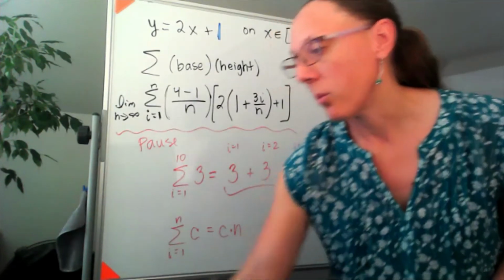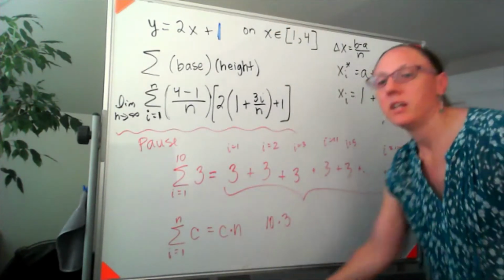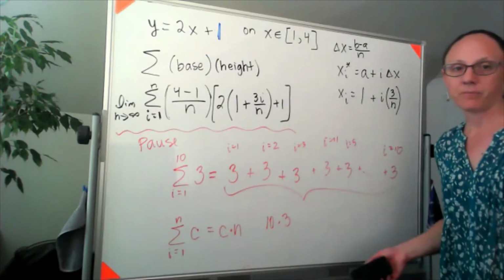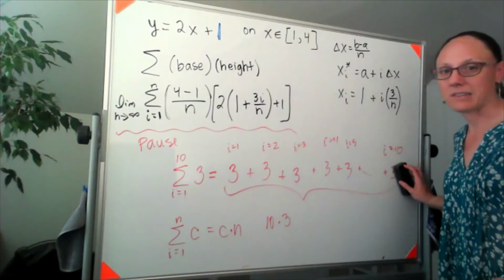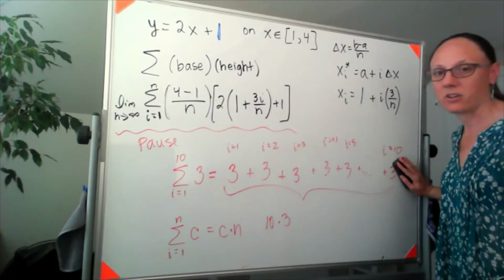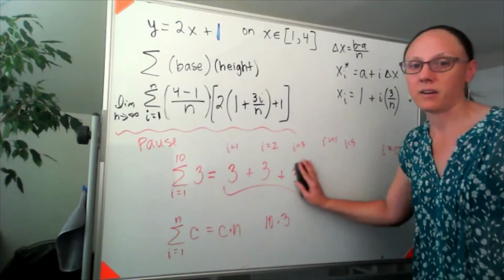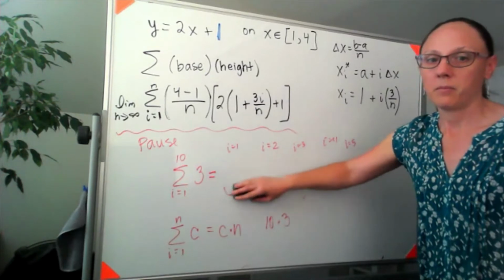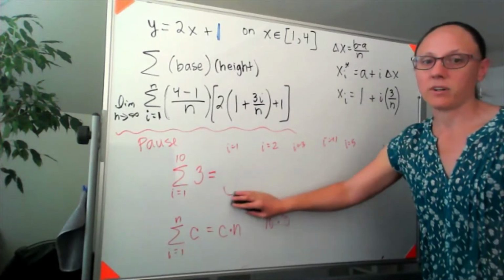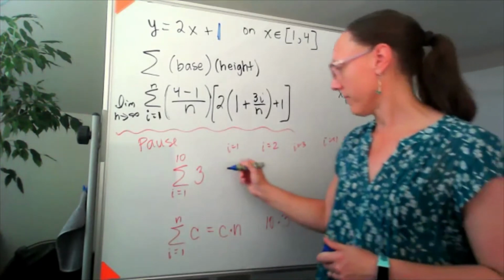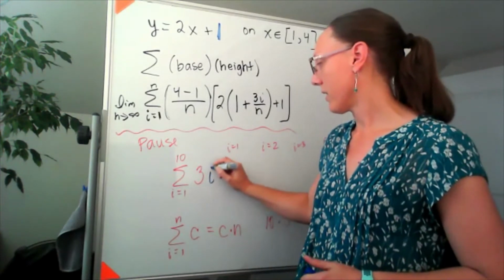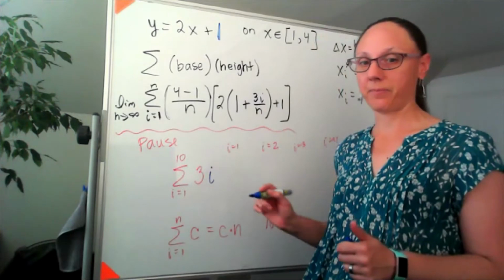There's another important summation rule that we're going to need in a second. I'm going to erase this. Still going to go from 1 to 10, but I'm going to make it slightly more interesting. And now my function is 3 times i.